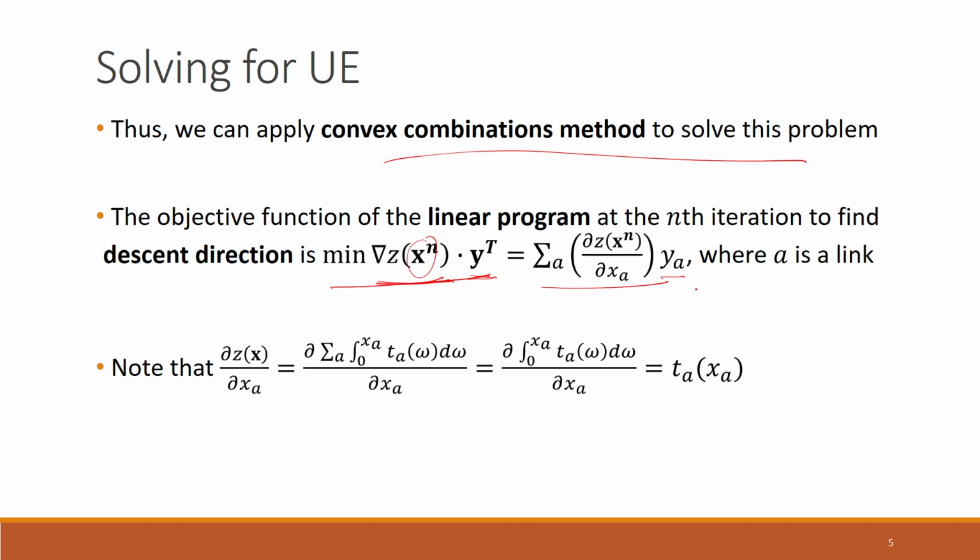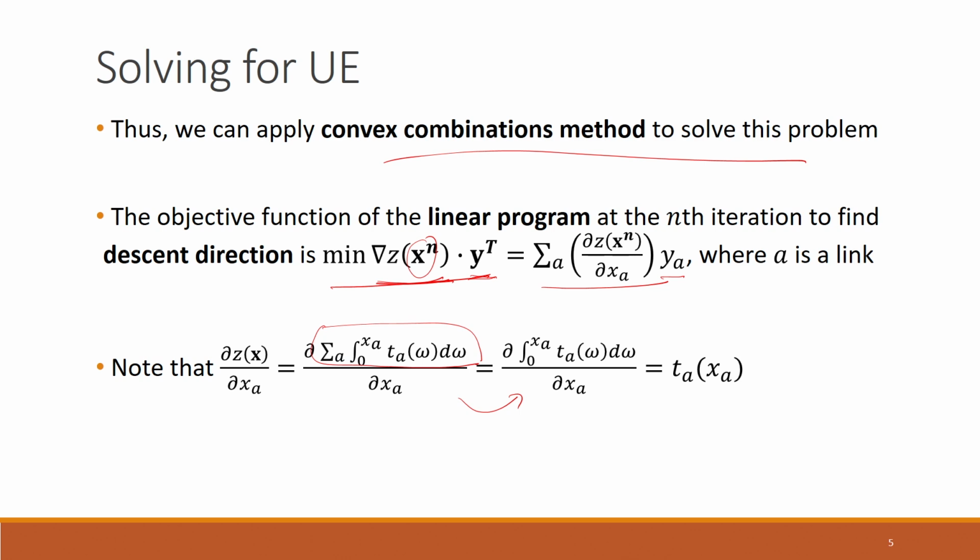Since we know what the objective function is in the user equilibrium formulation, let us simplify this expression that we have seen. Now we are replacing z(x) with this objective function of Beckmann's transformation. You can see here that when we go from here to here, the summation is gone.